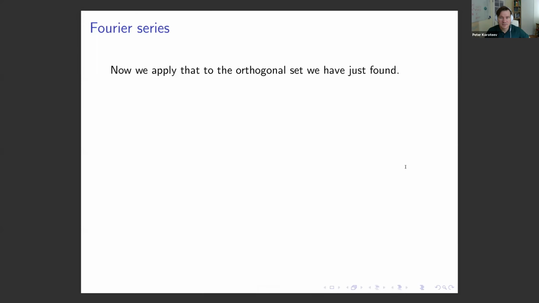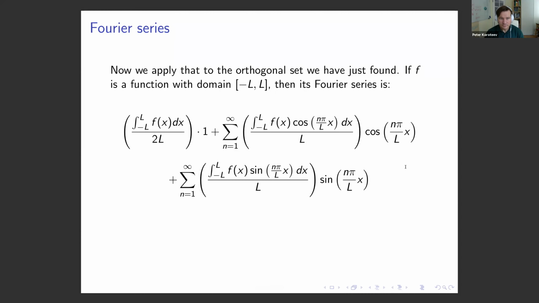So now let's apply this to the orthogonal set that we have just found. If f is a function with domain negative L to L, then its Fourier series looks as follows. The first coefficient is the integral of f from negative L to L dx over 2L, multiplied by 1.